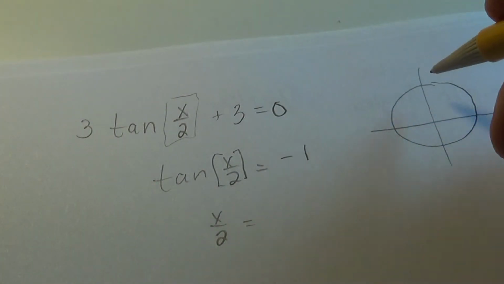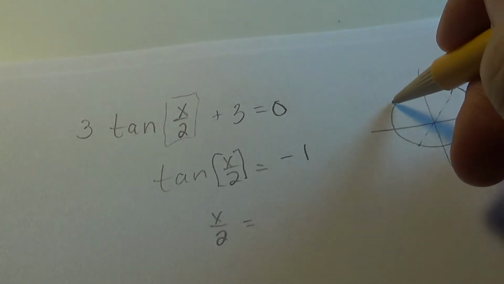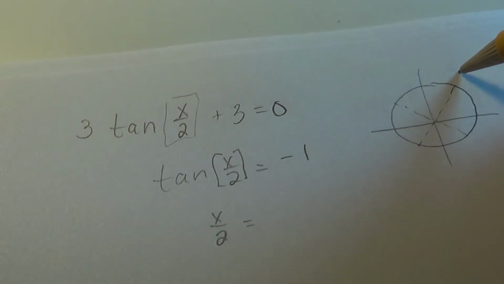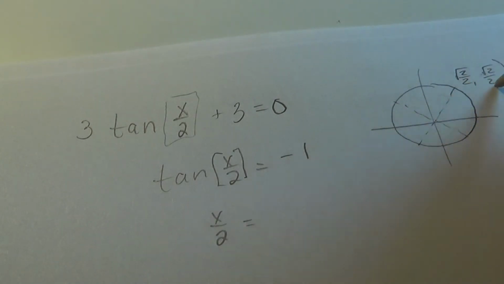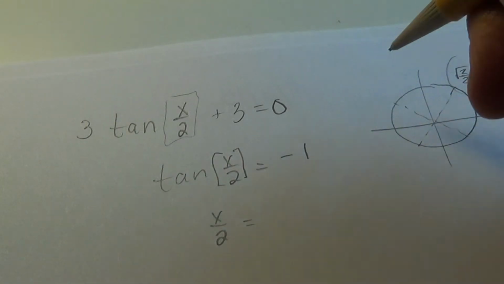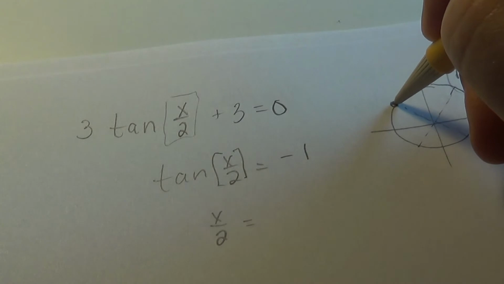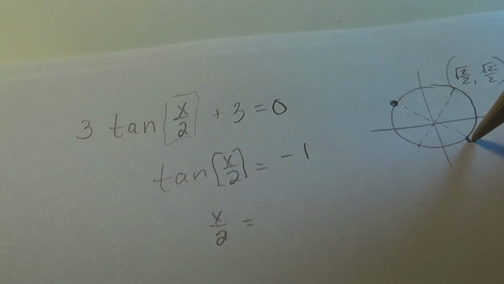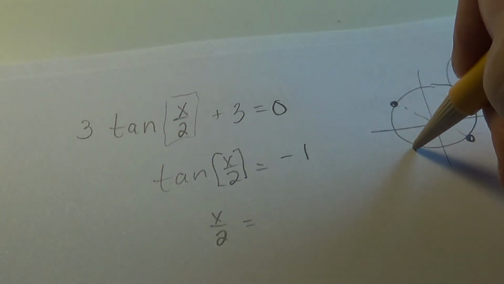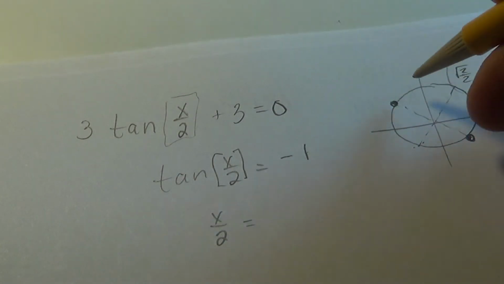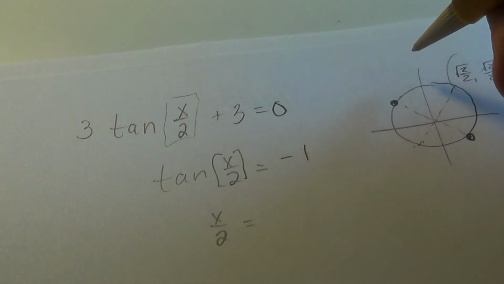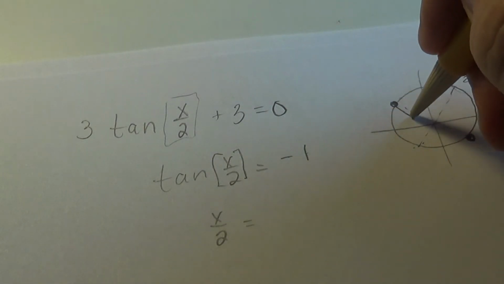It looks like it's going to be one of those quarter positions where, if we were looking here, square root of 2 over 2 and square root of 2 over 2, this second divided by the first will be positive 1, so it can't be here. So it looks like it's going to have to be here and here. Down here we'd have a negative divided by a negative, and we will not get the negative at that point.